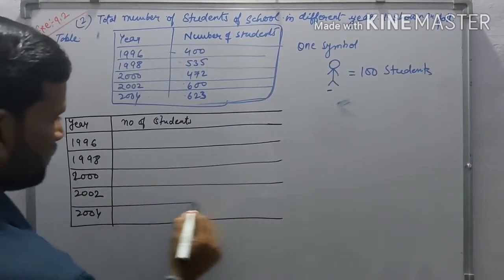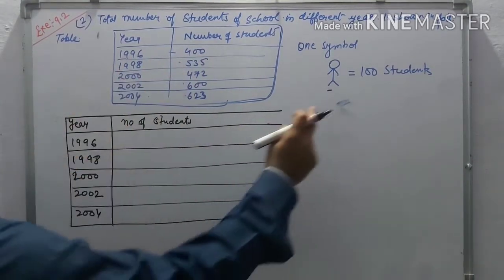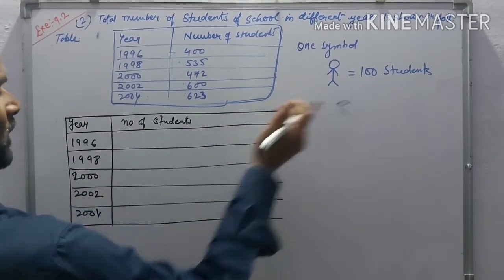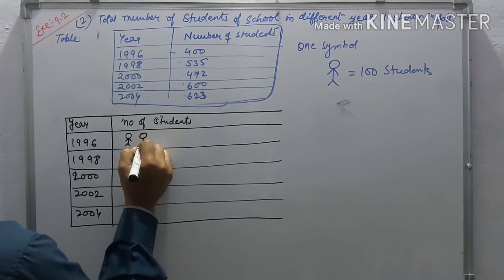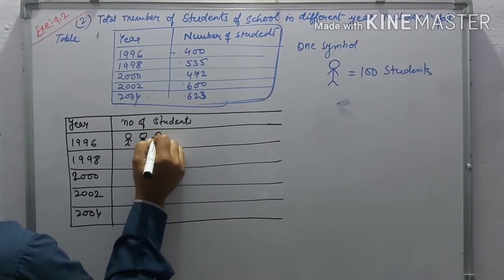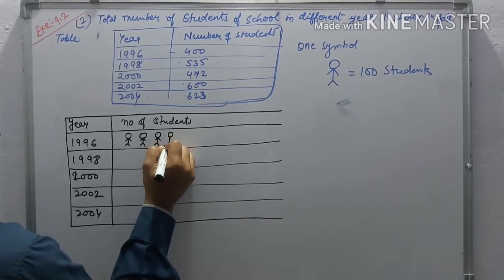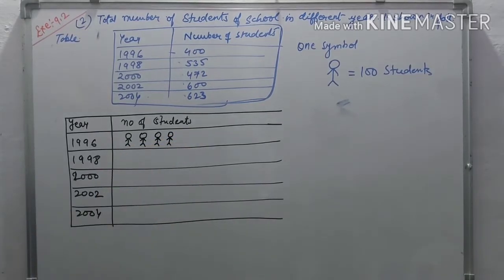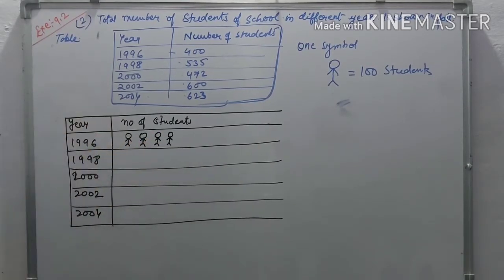Okay, first is 400. 400 means simply 4 full diagrams. This is the 400 because 1 is 100, 100, 200, 300 and 400.